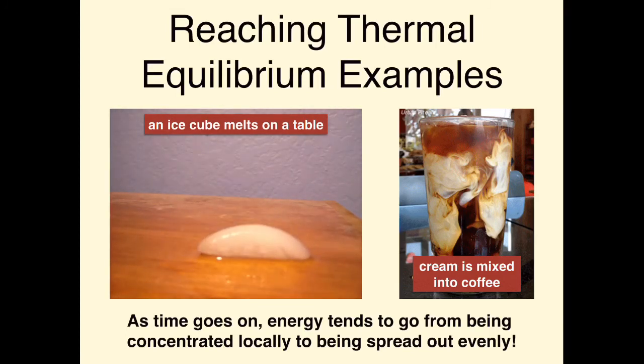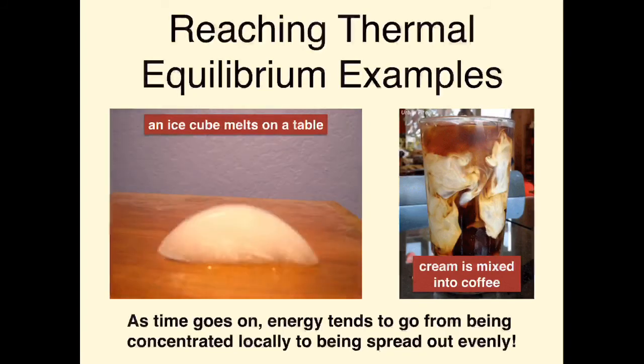When you have an ice cube that is frozen and is a solid chunk of ice, it's colder than its surroundings. So on average, its molecules are jiggling around more slowly than its surroundings. But over time, it exchanges energy with its surroundings until on average, everything has the same amount of energy.